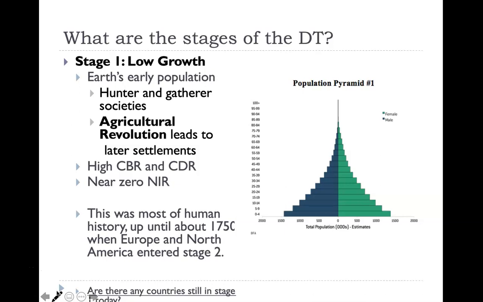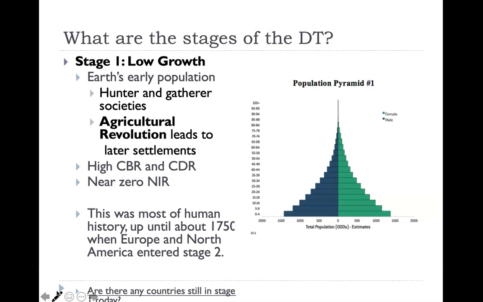High birth rates and high death rates, right? So you see it's fairly chaotic, right? And so when you have a high birth rate and you couple that with a high death rate, you don't necessarily see a lot of population growth. If you have 40 births but also have 40 deaths, you're not really growing as a population. This is what human history was like up until about 1750, right?